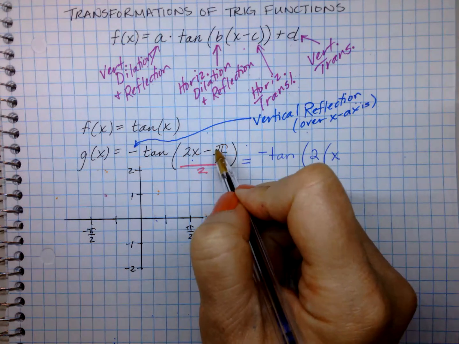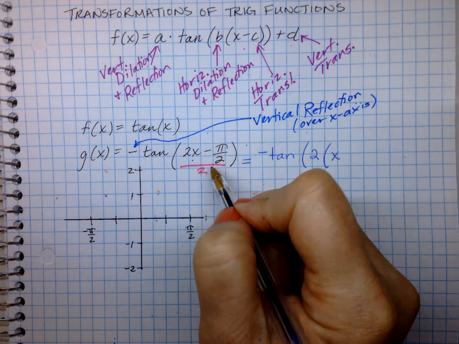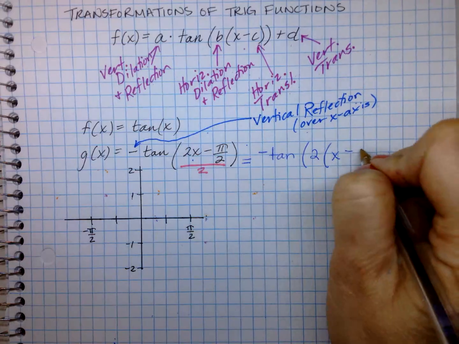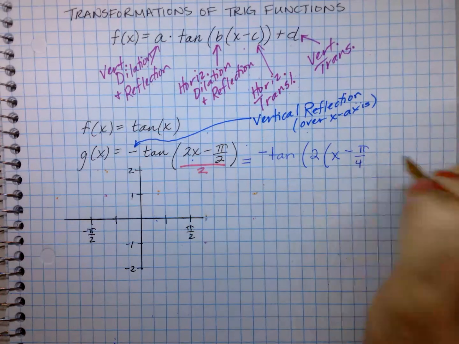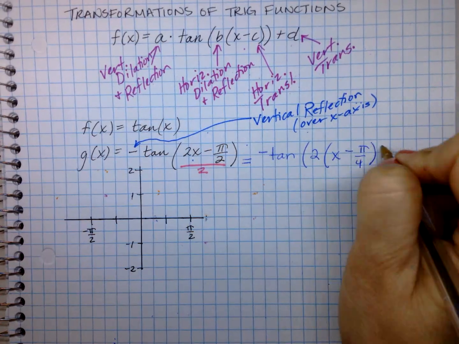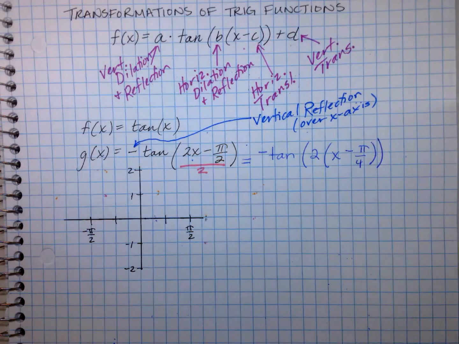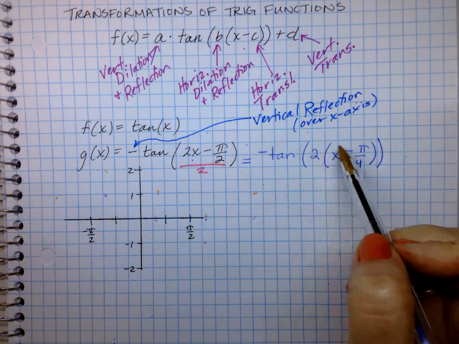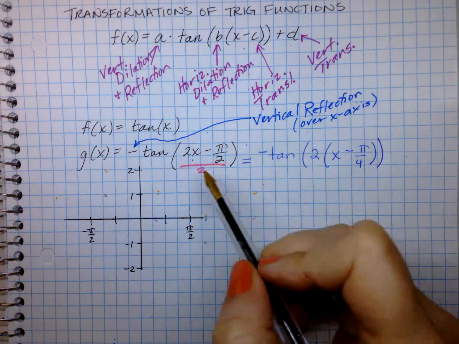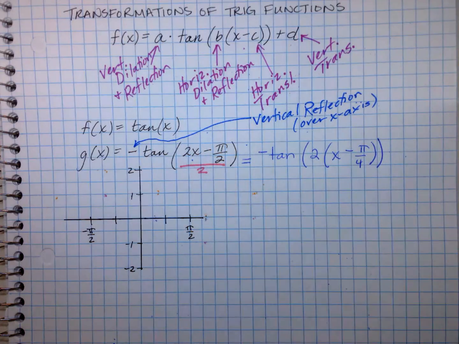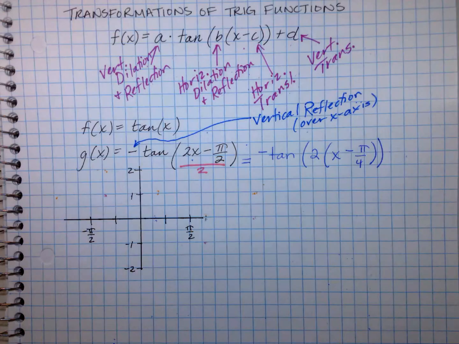Well, this is like negative 1/2 pi cut in half, so that's negative pi over 4. If you're unsure about that step, notice that you could distribute that 2 back in, and it should take you back to the original statement. That's what we just did: we wrote it in factored form. Now we can finish our analysis and be sure that we're on the right track.